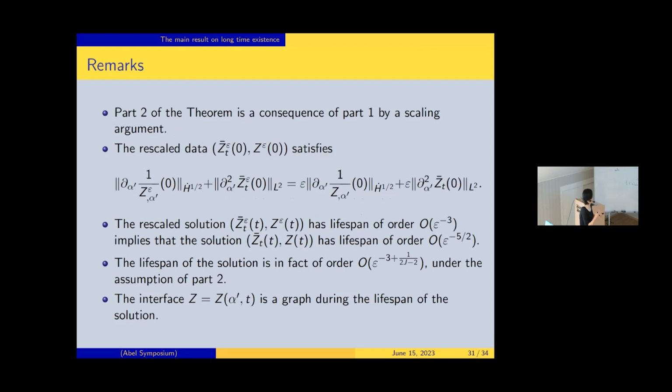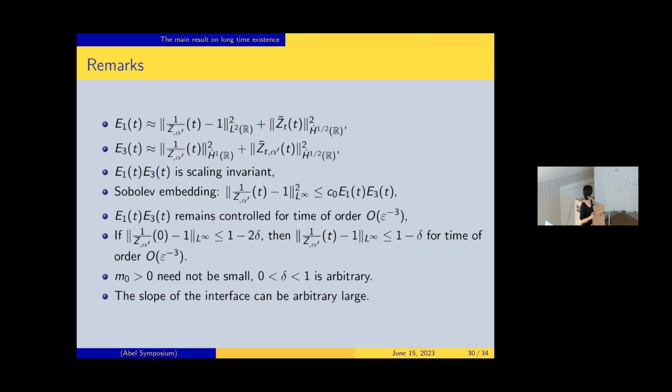Now the second part of the theorem is really quite cheap, by just rescaling the initial data. If we rescale the data, we find this extra derivative gives us epsilon in front of the norm. So the rescaled solution will have lifespan epsilon to the minus 3 by applying the first part, and then going back to the original one, you get lifespan epsilon to the minus 5/3.